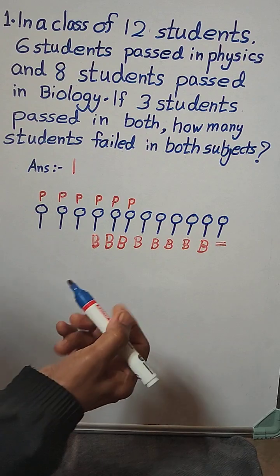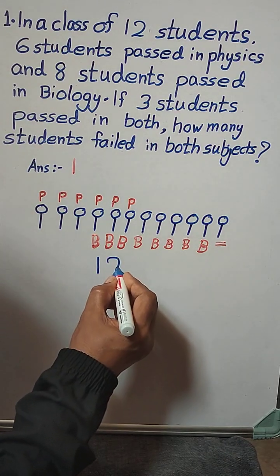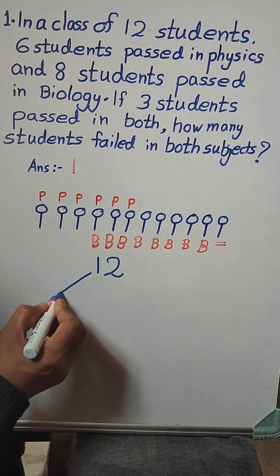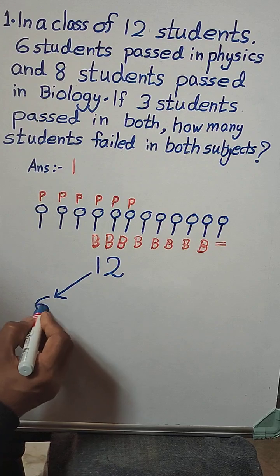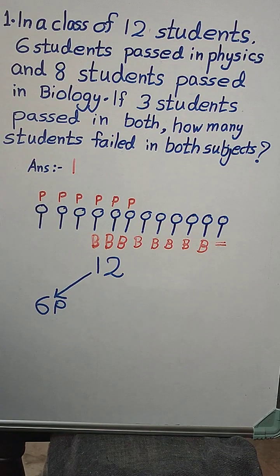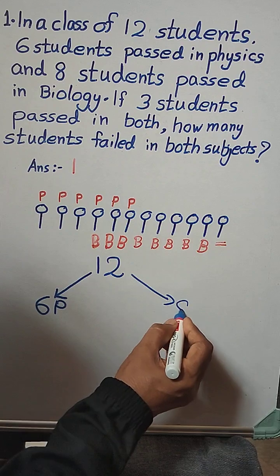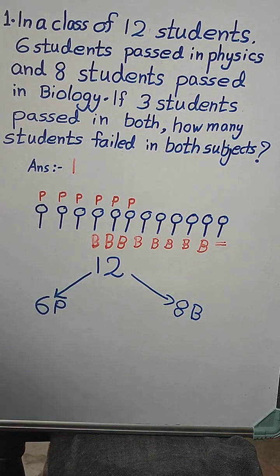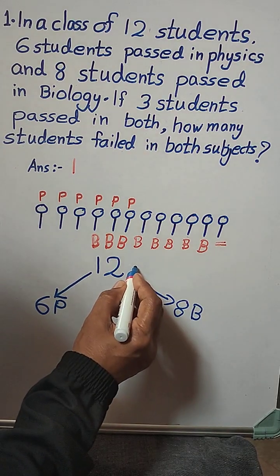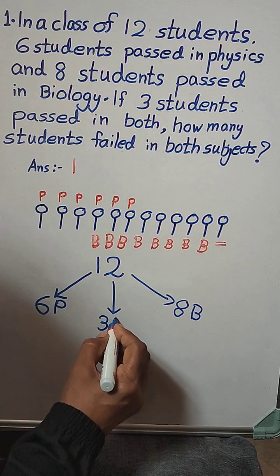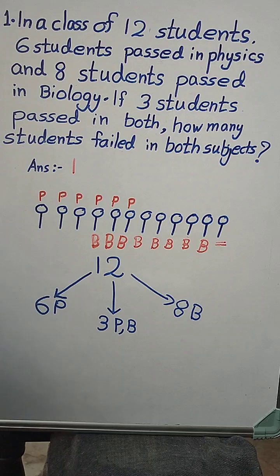Here there are 12 students. Of the 12 students, 6 students passed in physics, and 8 students passed in biology. Three students passed in both physics and biology.